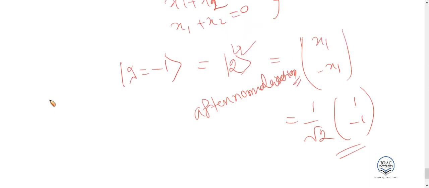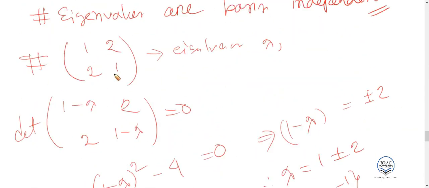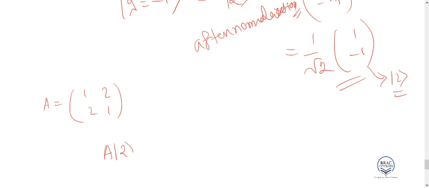Our operator was something like this, right? This was 1, 2, 2, 1. Let's call it A, with rows 1, 2 and 2, 1. This is our operator, and let's call this ket 2 like we used to, and we want to see what happens when A acts upon ket 2.